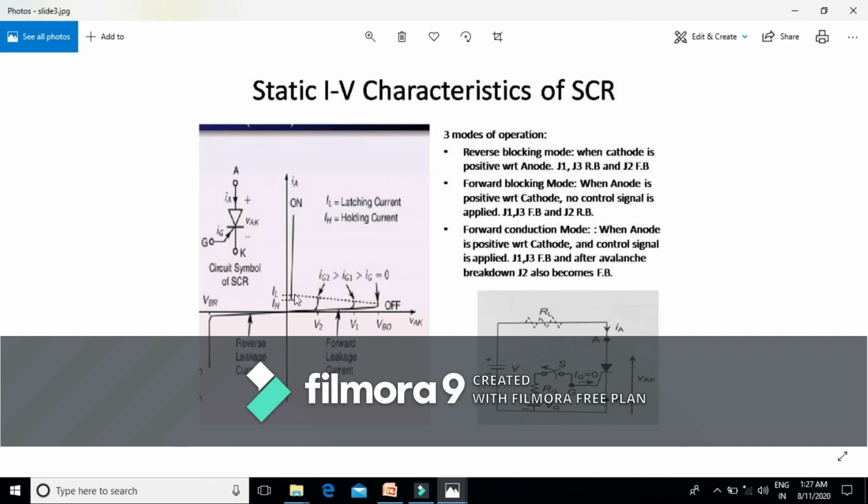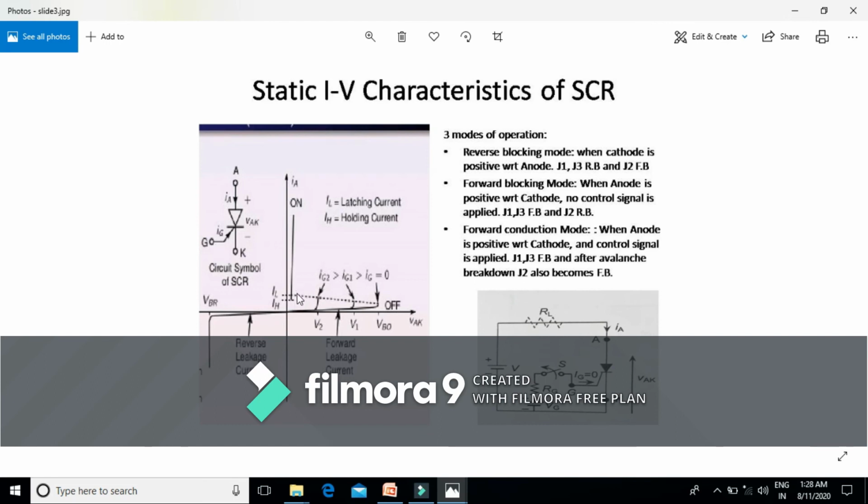This latching current is the minimum value of anode current which the SCR must attain during the turn on process to maintain the conduction. One more thing is the holding current, represented by IH.